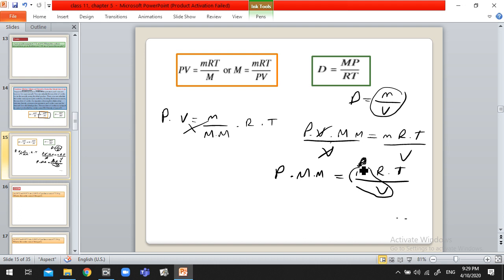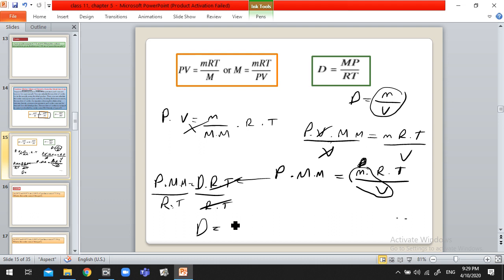So it means that P times molar mass equals density times R times T. So make the density alone, dividing both sides by RT. So density becomes pressure times molar mass divided by R times T.